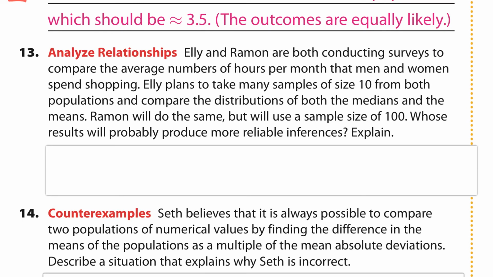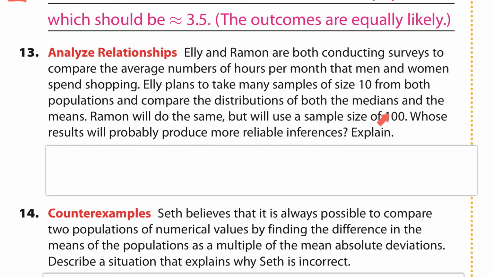So Ellie and Ramon are both conducting surveys to compare the average numbers of hours per month that men and women spend shopping. Ellie plans to take many samples of size 10 from both populations and compare the distributions of both the medians and the means. Ramon will do the same but use a sample size of 100, whose results will probably produce more reliable inferences.